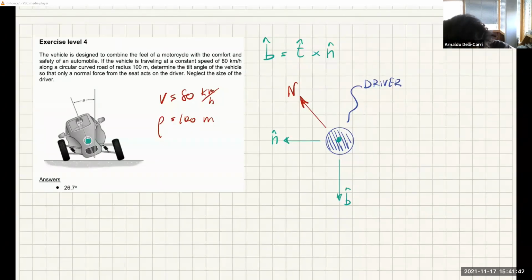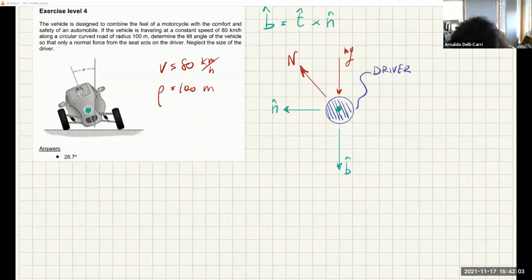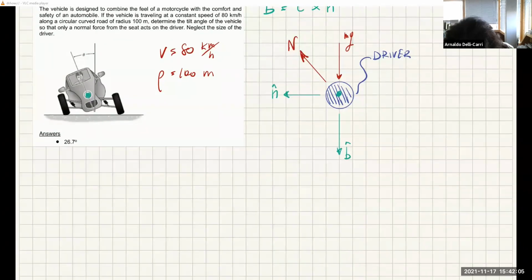Now, of course, the driver also feels its own weight. That makes sense. mg. So let me take this here, all of this here, this here, there you go. So the equations are always the same.